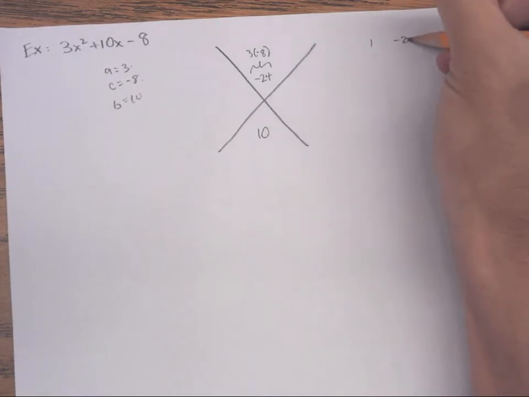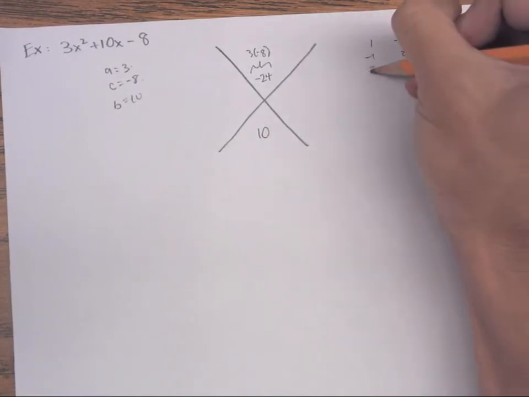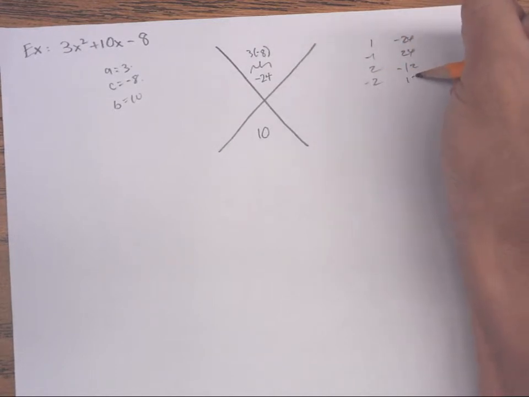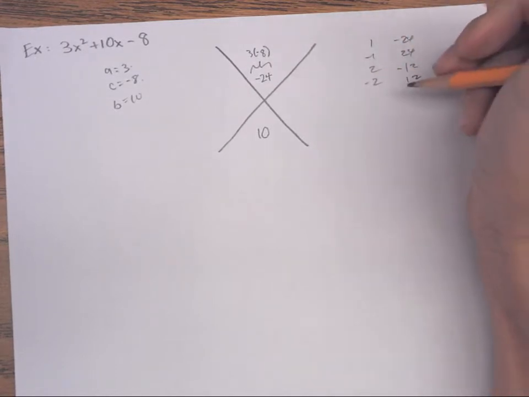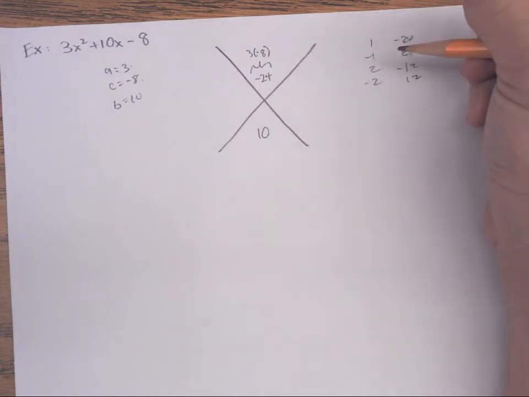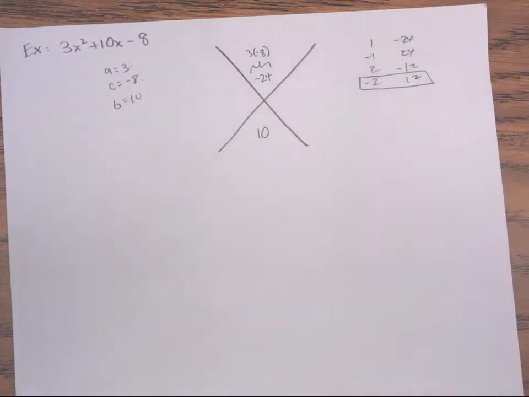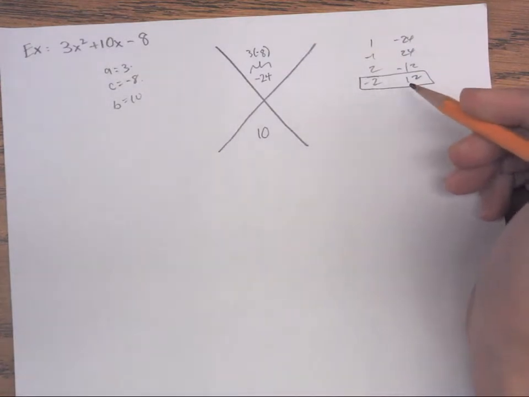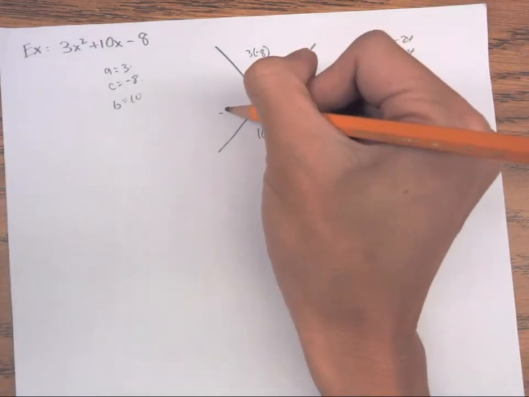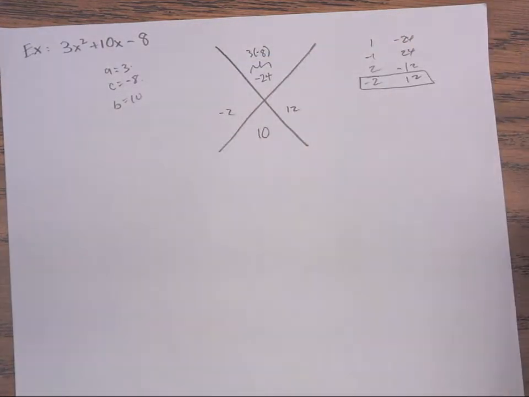So we have 1, -24, -1, 24, 2, -12, -2, 12. I believe this works, right? -2 plus 12 will give you a +10. So here I'm going to put the -2 on the bottom, and I'm going to put the 12 here.